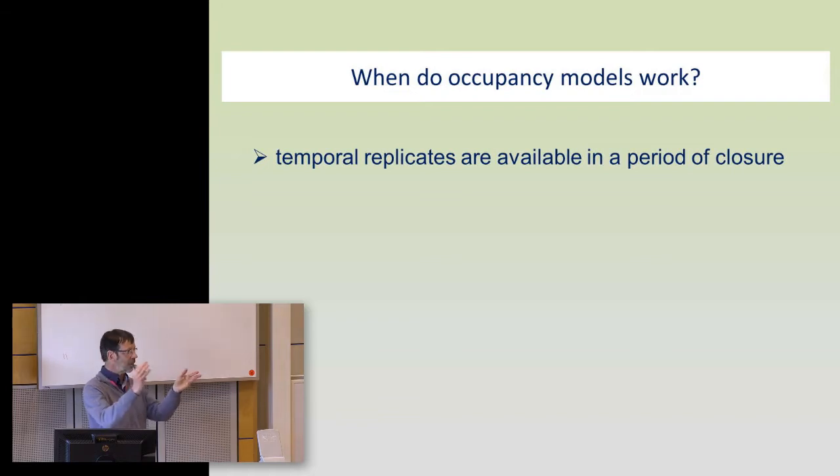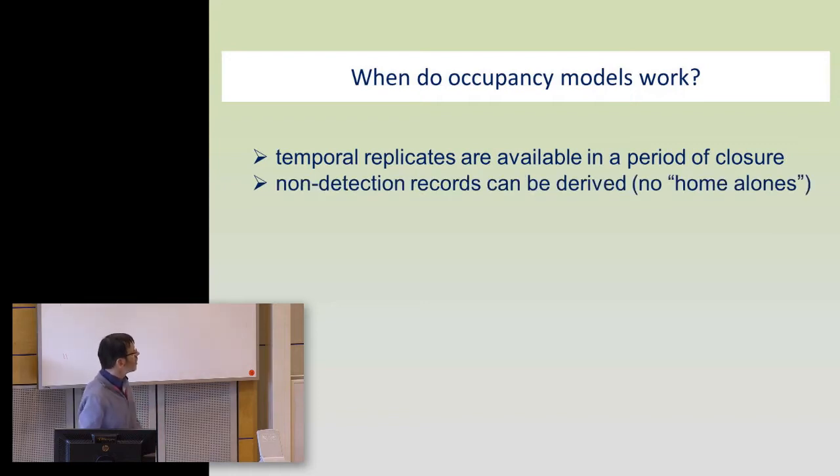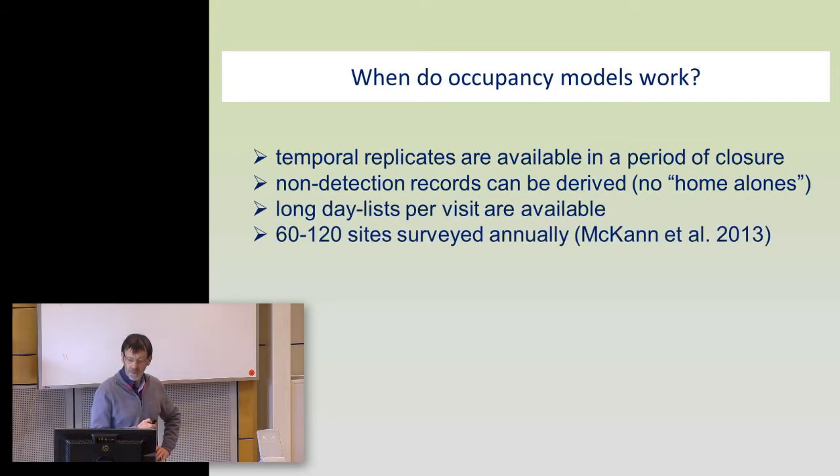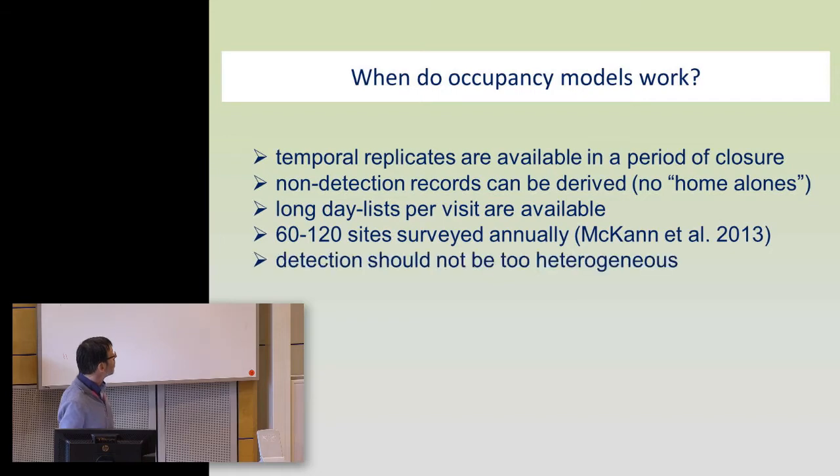So these replicates need to be in the same season. You must have a procedure for non-detection records, long day lists. The longer the better. You need a number of sites for this sort of models. There's a recent paper of Magne describing if you have fewer than 60 sites, you run into trouble.